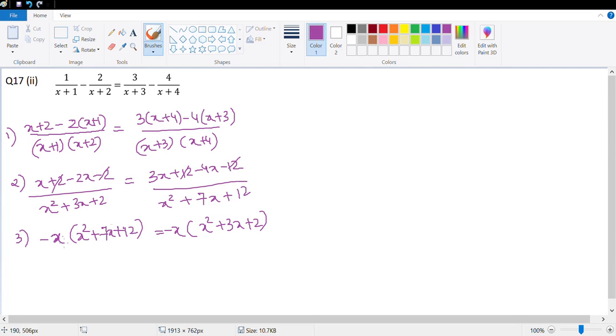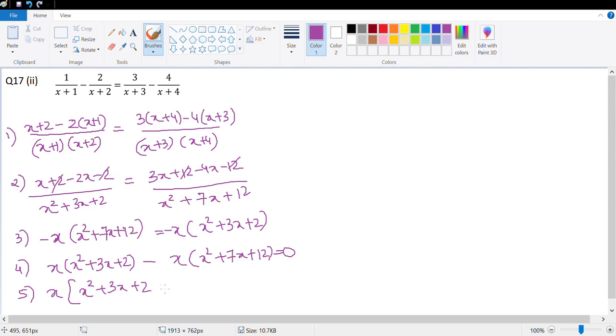Okay, let's bring everything on one side. So what we have is x times x square plus 3x plus 2 minus x times x square plus 7x plus 12 is equal to 0. Let's take x common. What we have is x square plus 3x plus 2 minus x square minus 7x minus 12 is equal to 0.